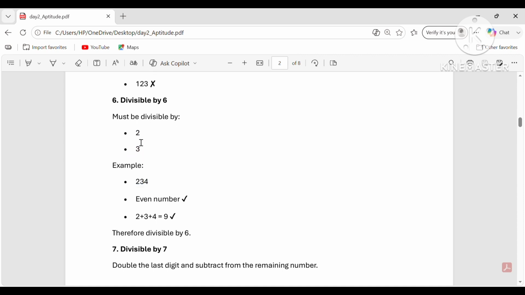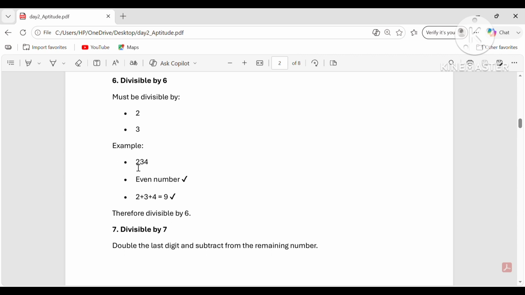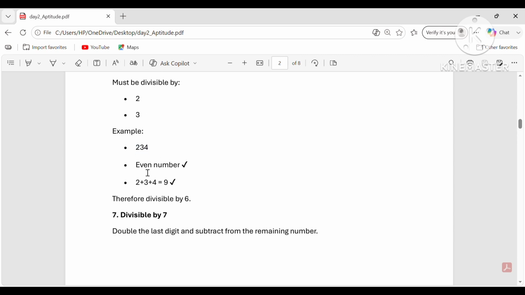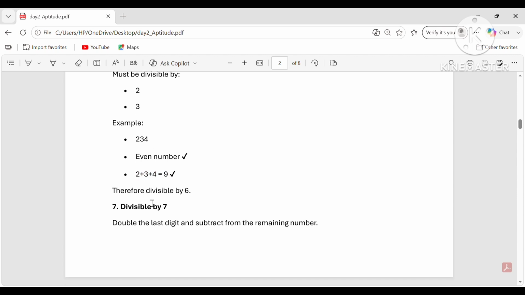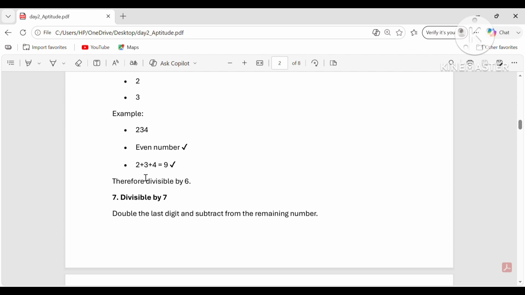Coming to divisible by 6, must be divisible by 2 and 3. Why? Because 2 times 3 is 6. So we need to check each and every number with 2 and 3. So 234, an even number, so it will be divisible by 2. And we need to check 3.